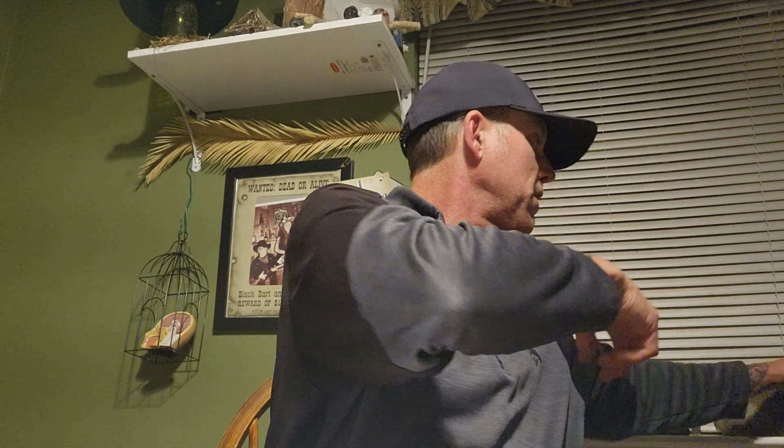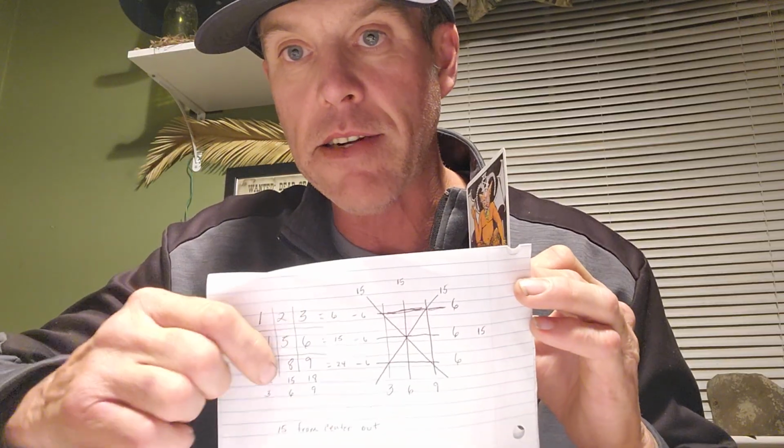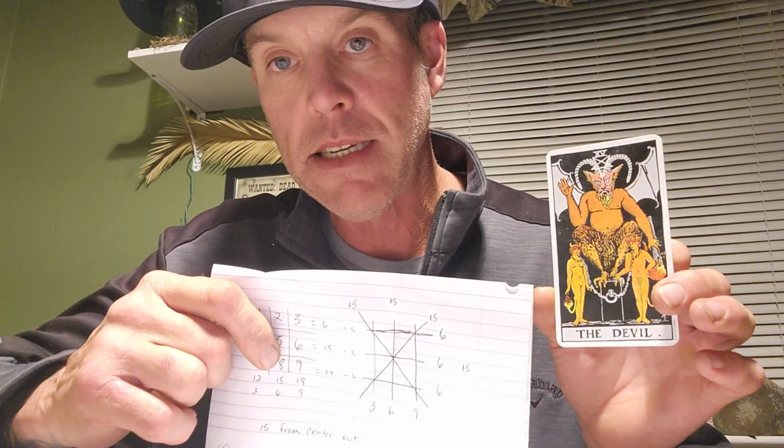Now, we've got to go over here and figure out what these tarot cards are. So, if we go to the 15th card in tarot, we've got the Devil. So, the 5 is the center of this dial pad.